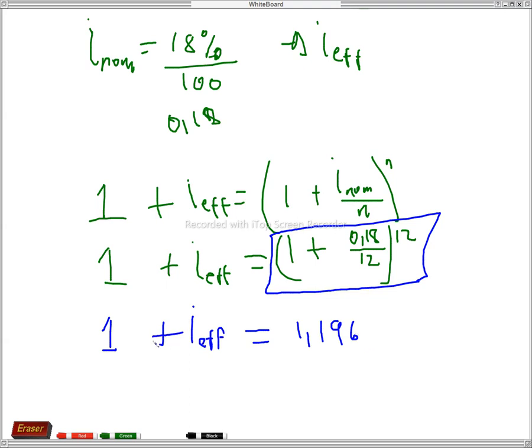So therefore, well, let me just minus 1. The I effective is 0.195 6. Let me just leave it like this: 0.195 6.